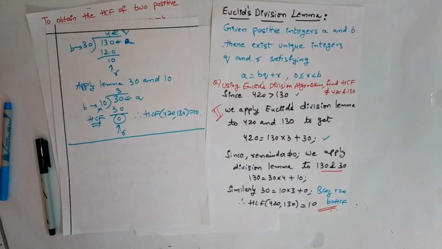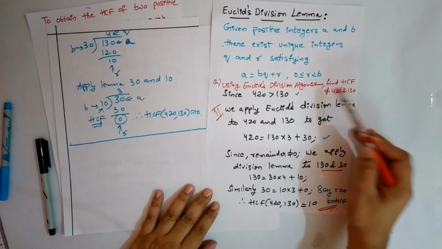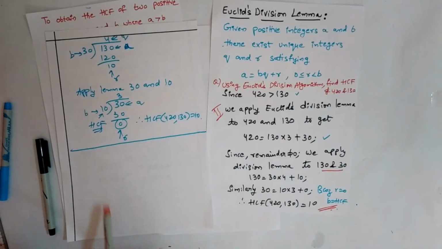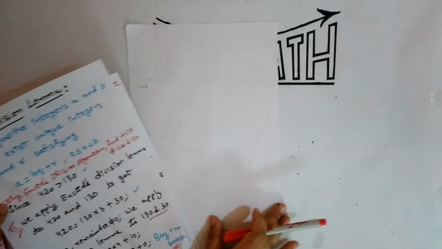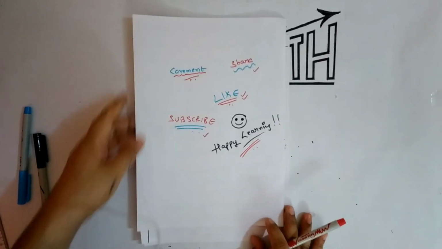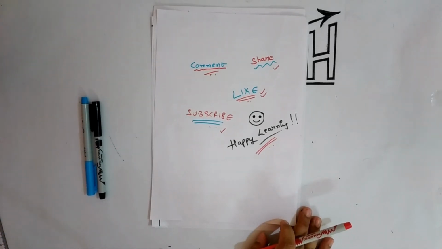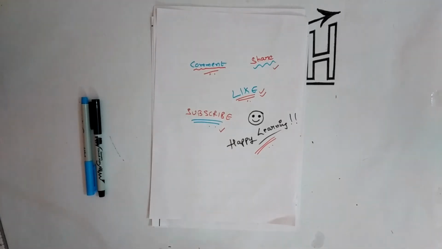Okay students, I have explained Euclid's division lemma and Euclid's division algorithm and how to find HCF of 420 and 130. I have explained one numerical. If you want to know about how to solve more numericals, go to the description below. There are links given. In the links you can find videos where we have solved all the numericals in exercise 1.1.